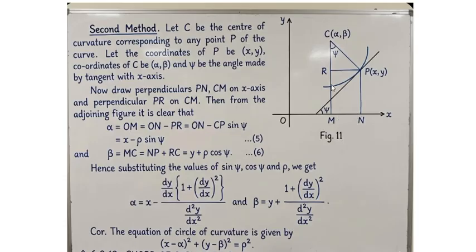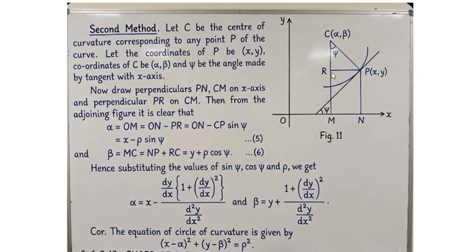MN is PR, since these are perpendicular, and PR is CP sine psi, because sine is opposite divided by hypotenuse. The hypotenuse CP is nothing but the radius of curvature, rho, so sine psi as it is. Therefore, alpha is equal to x minus rho sine psi.